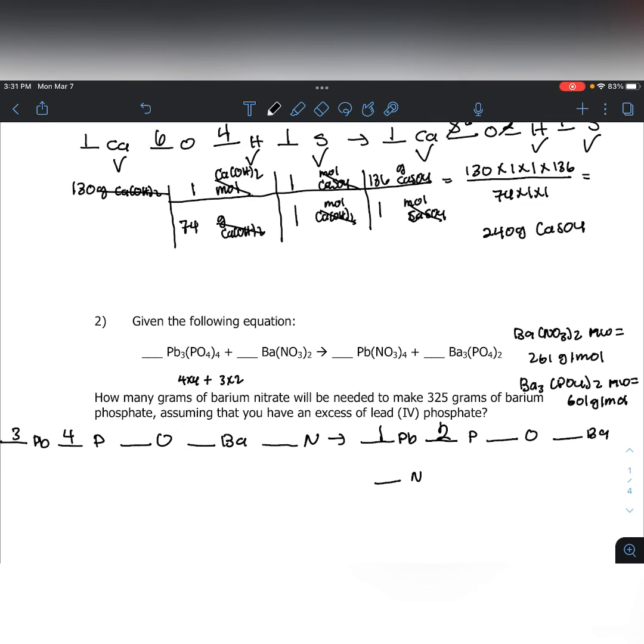So 4 times 4 is 16, and then plus 6. And then for Ba, we should have just 1 on this side, but on the other side, we have 3.